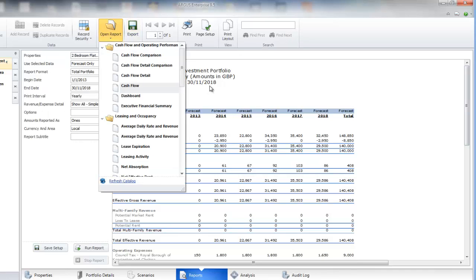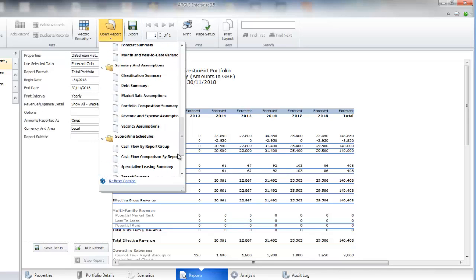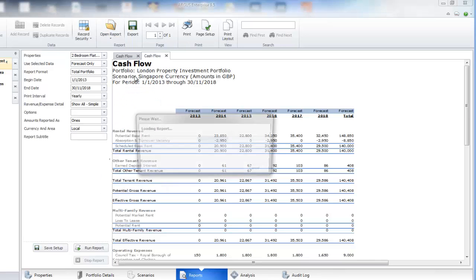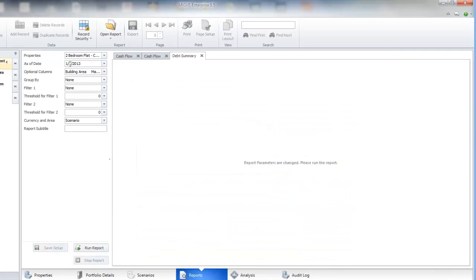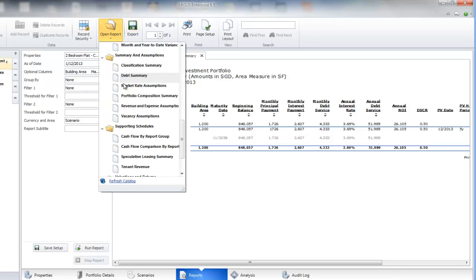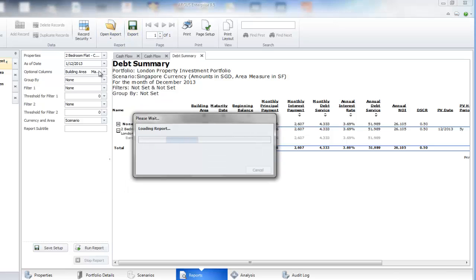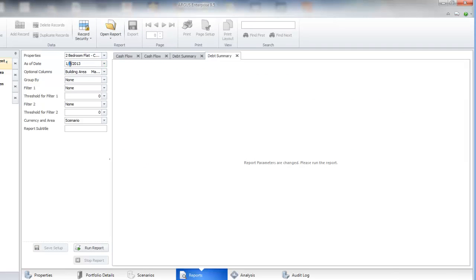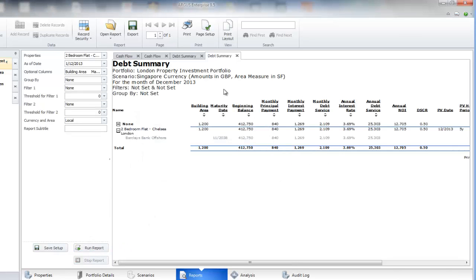Another good example of a report that I would like to share with you is your debt summary report. In this instance, if I was to change this to today's date, my scenario currency is in Singapore dollars, and if I choose to run the same debt summary in local terms in sterling, there you go.